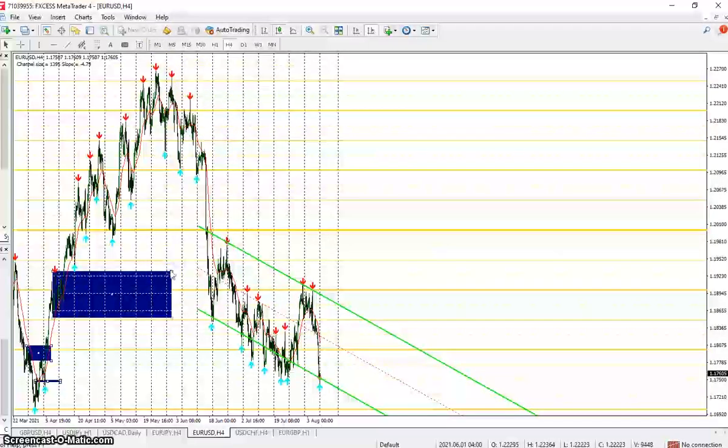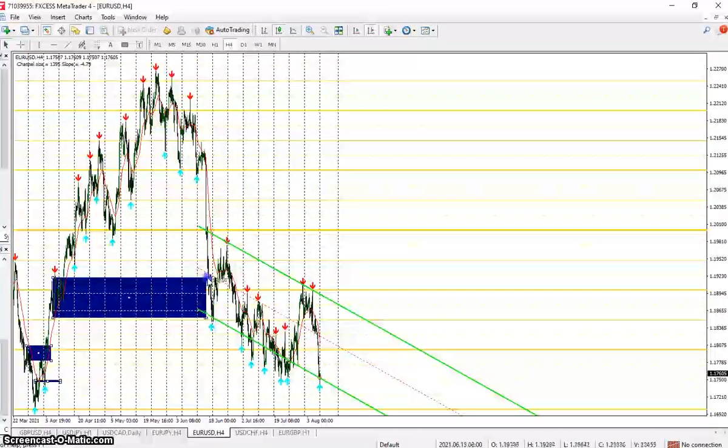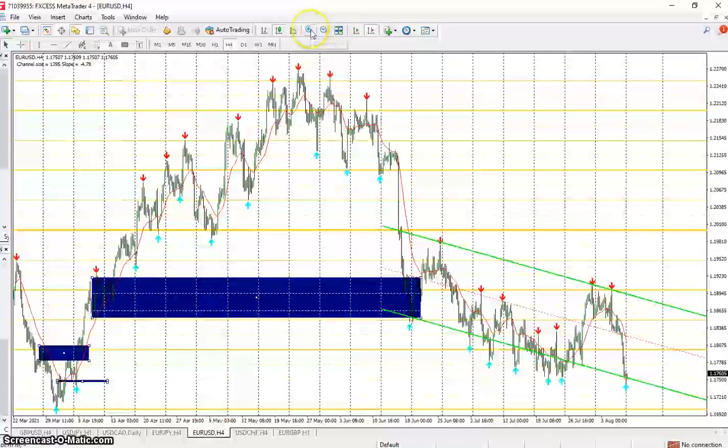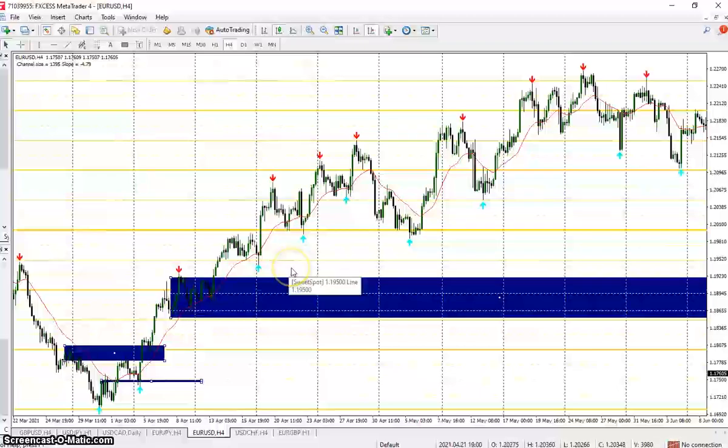Of course it does, as you can see. Price came into that area. Of course, something must happen here. Price came to that area, rejected, and went back into an area here, but let us not go too far. Let's maintain what we're doing. Okay?